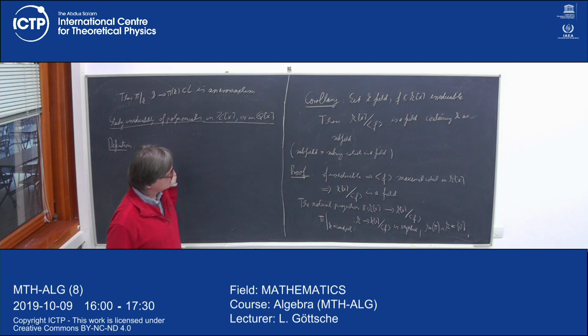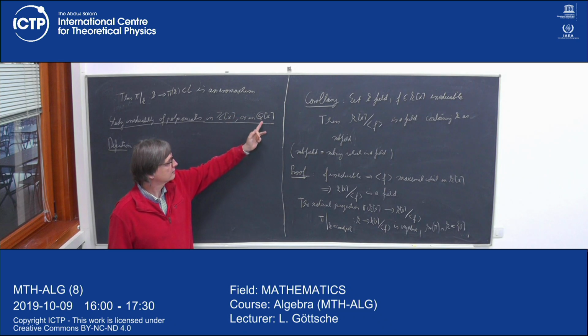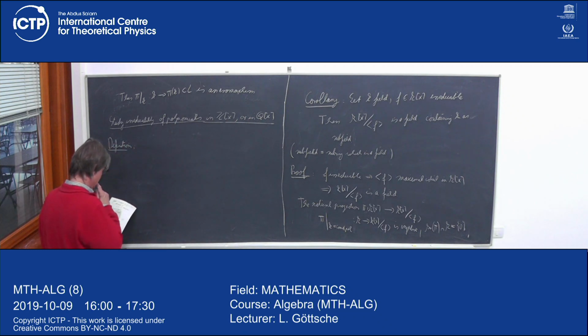And then later we will give one criterion for a polynomial to be irreducible, and this will be for polynomials in Z[x]. And for this to be useful for us, we need to know that this then implies it's also true here, and this is true if the polynomial is primitive. So let me write this down.